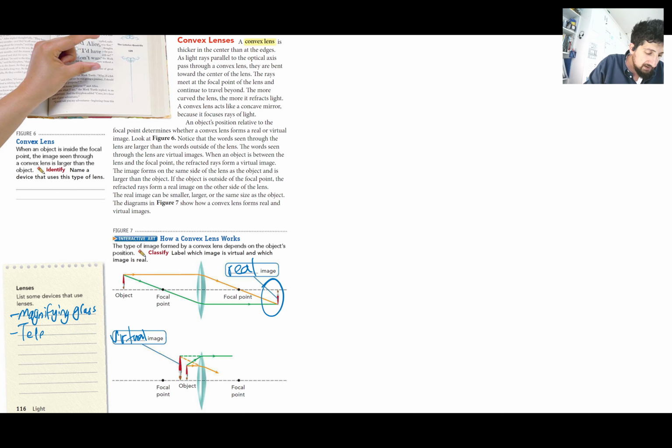Telescopes are amazing. Microscopes have them as well. We have those in the lab. Periscopes, like the one we looked at in the first lesson with the submarines, and cameras. That's the obvious one, and I'm sure there are many others. Okay, let's move on.